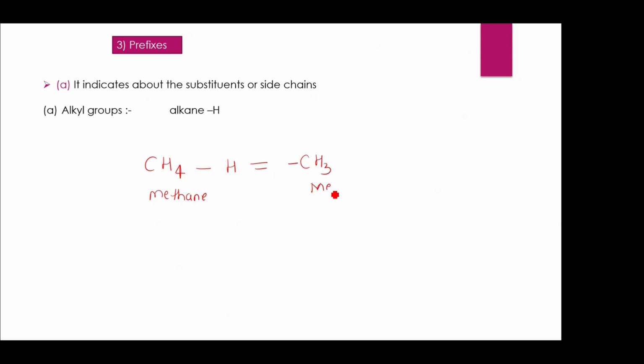This is methyl. So this will act as a substituent or side chain in the organic compound if methyl is present. Another example: C2H6 is ethane; minus hydrogen, we get C2H5. So this is ethyl.